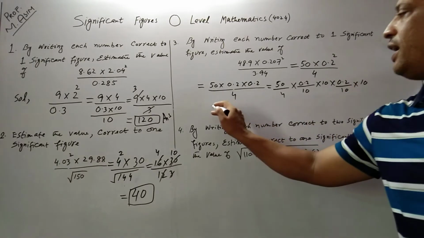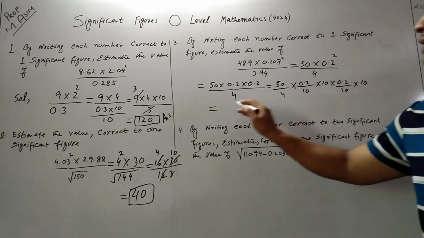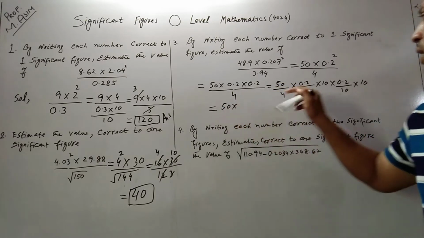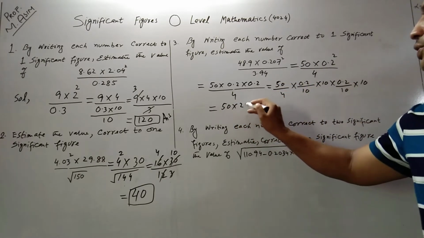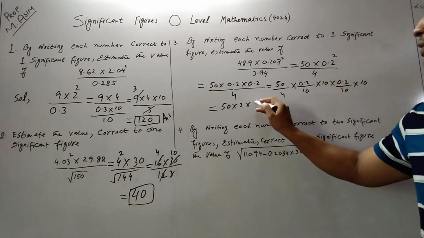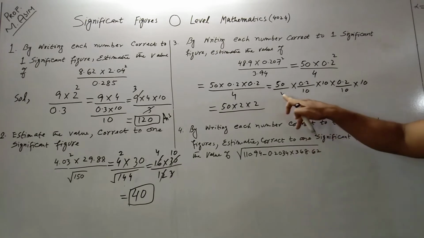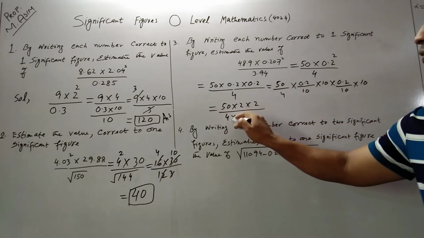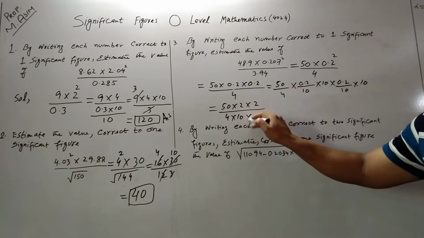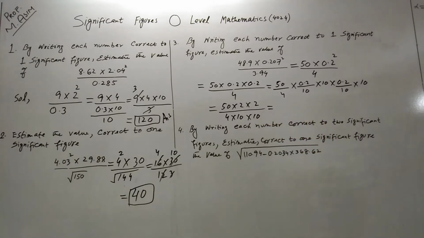Now, finally, see carefully, this is 50. 0.2 into 10 is 2, 0.2 into 10 is 2, upon this is 4, multiplied by 10, multiplied by 10.